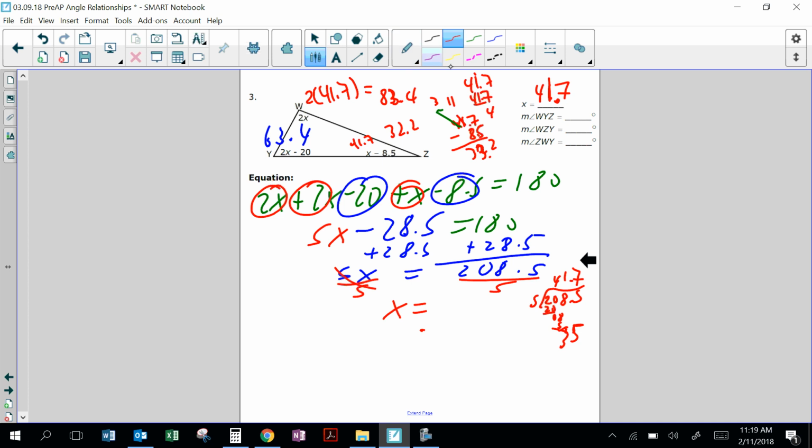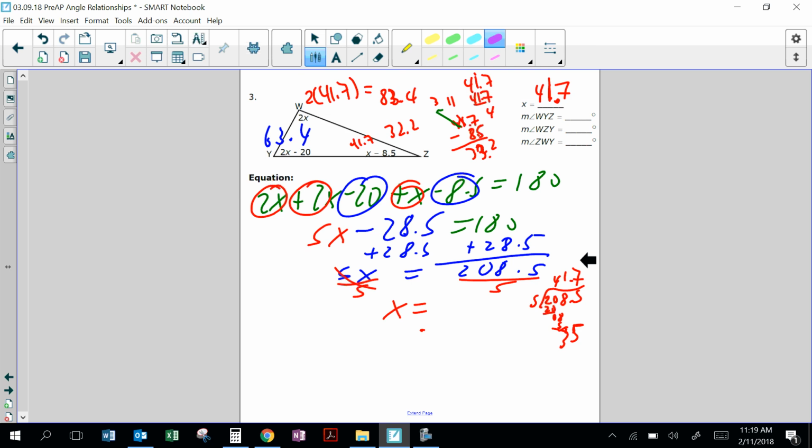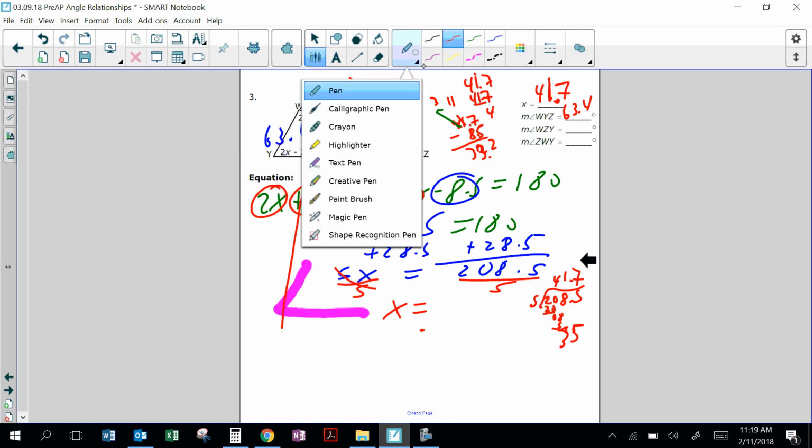So let's put the angles are correct. WYZ. If you have to use a highlighter, that's from WYZ. So it's 63.4. So let me take away this highlighted stuff. Next one, WZY.